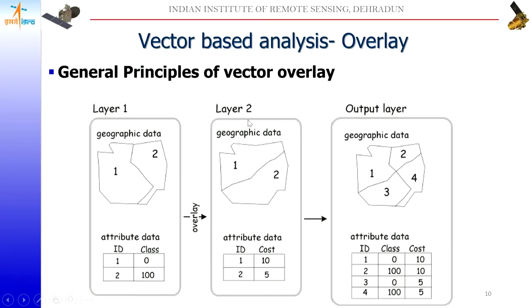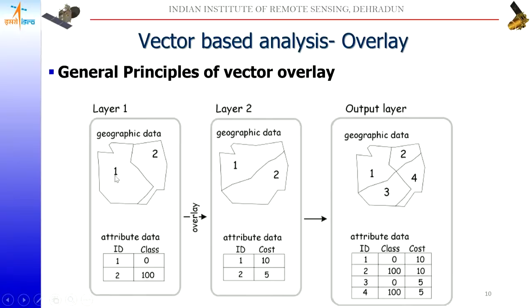Similarly in layer 2, there are two polygons, 1 and 2, and also two attributes, ID and cost. Here the ID of polygon 1 is 1 and the cost is 10, and in the case of the second polygon, the ID is 2 and the cost is 5. Assume that we are combining them, trying to overlay them on top of each other.